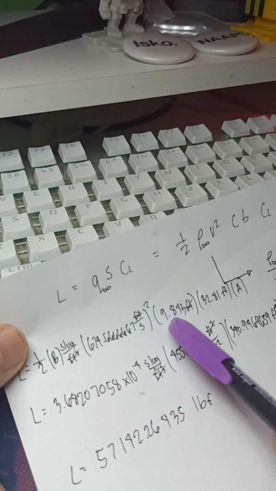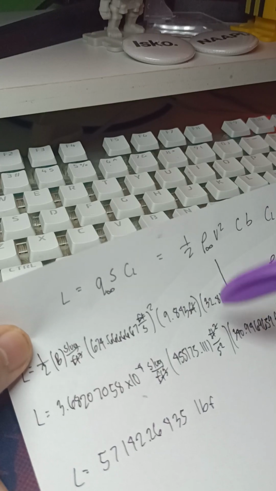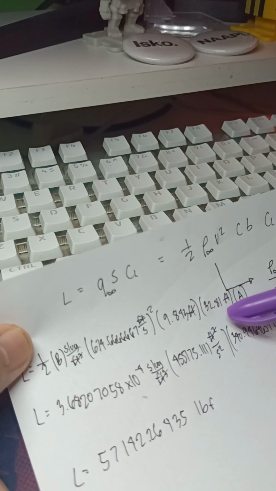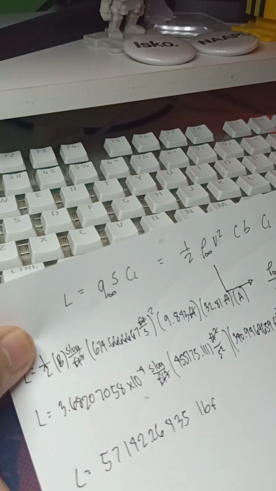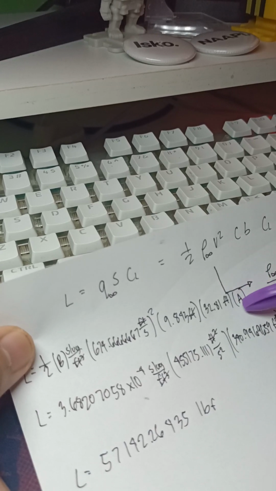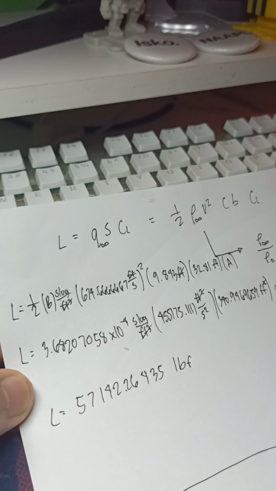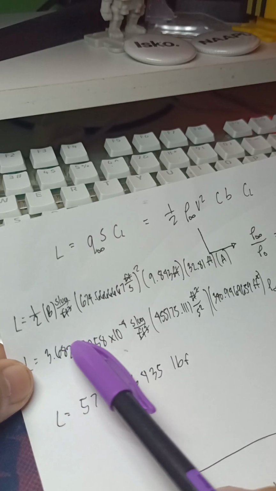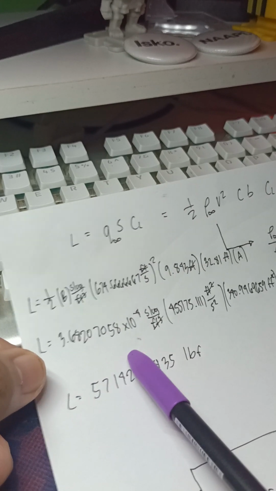And then 9.843, which is our chord, and then 32.81 feet, which is the wingspan, and then A, which is again our lift coefficient. So, we just multiply those.